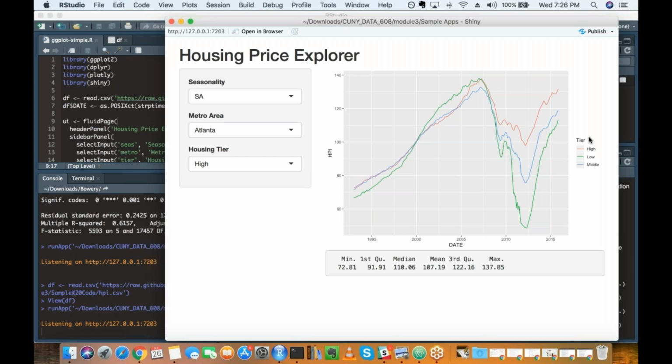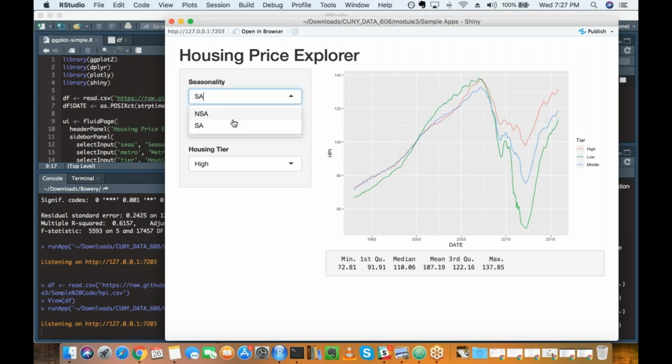What I'm doing here is simply, on that same graph, comparing the high, low, and middle tiers, so you're able to see whether there are any differences in those variables. On the left-hand side, I'm allowing users to make selections based on the other variables.